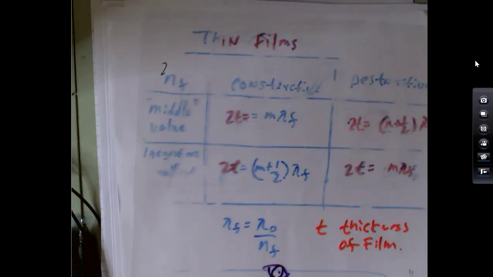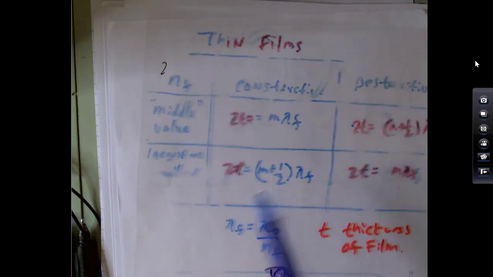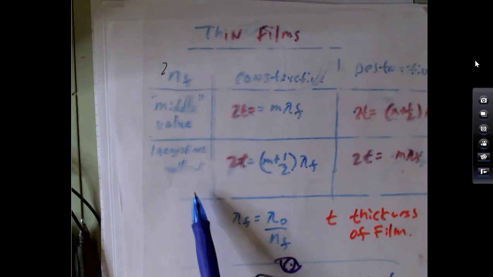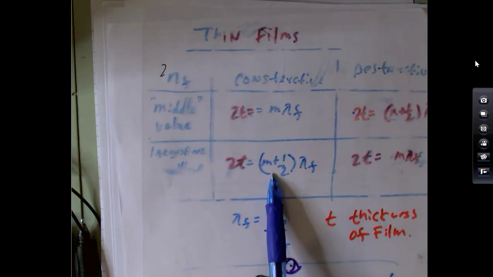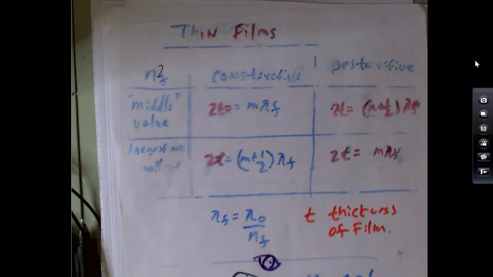So in my table here, for constructive interference, I have this. Now, if the film had been the largest or smallest value, I would have to use this for constructive interference. And same thing over here for destructive interference. So the first thing to do with these problems is determine, is it the middle value, or the largest or smallest value? That takes into account the phase shifts that we have going on.